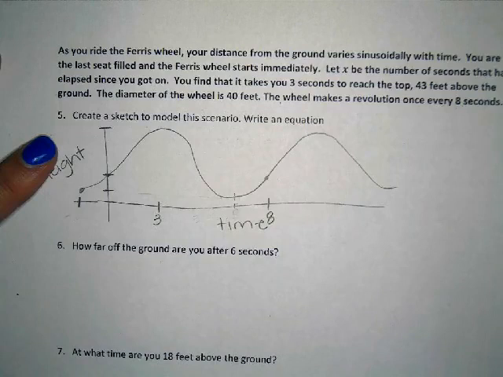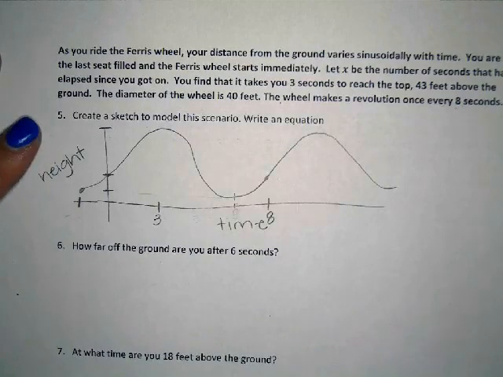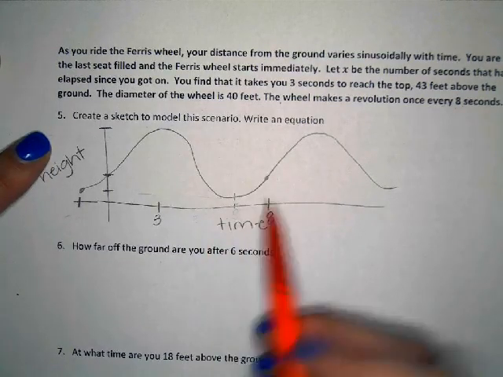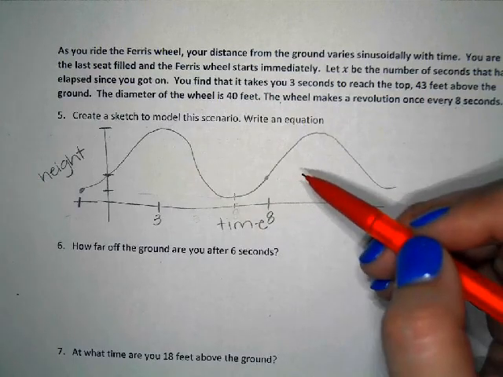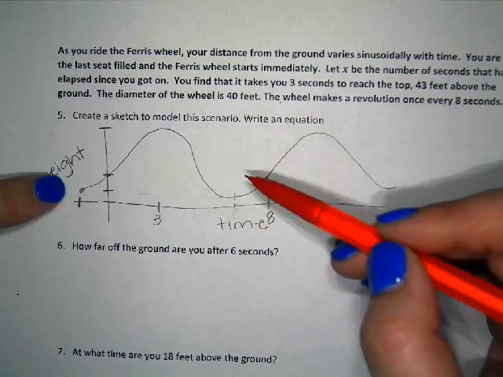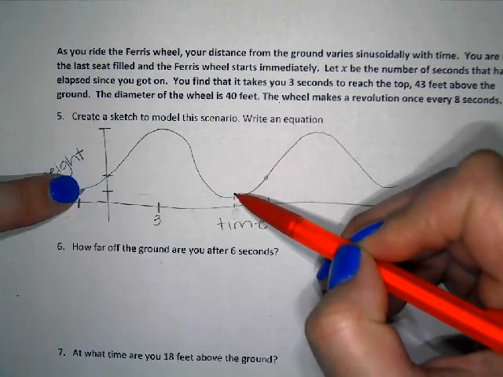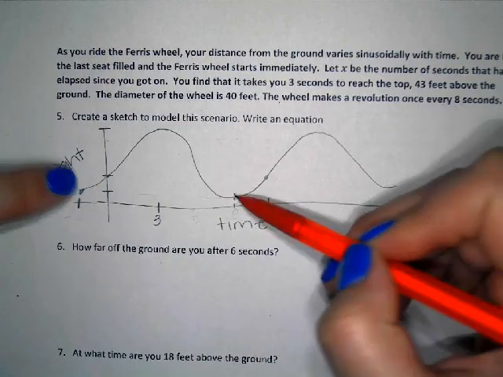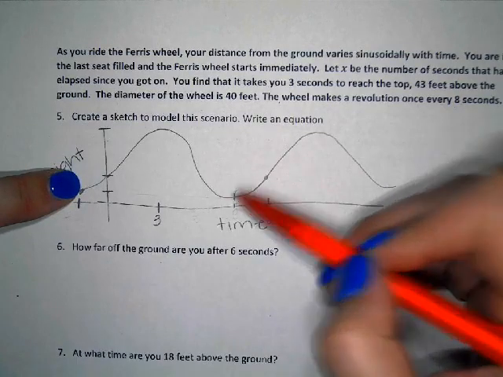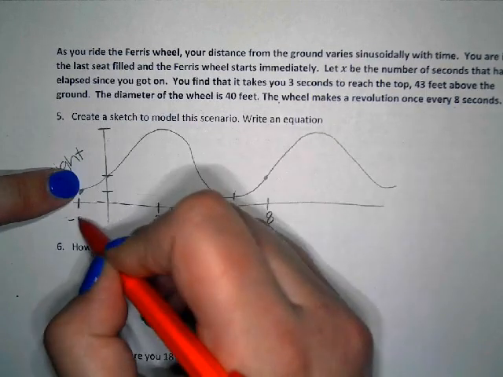Okay, so if it makes a full revolution, it would be from the starting point to the finishing point. This would be 8 seconds. Does that make sense? Okay, so from here to here would be 8 seconds. So Miriam was exactly right when she said -1. She was exactly right. Does that make sense?